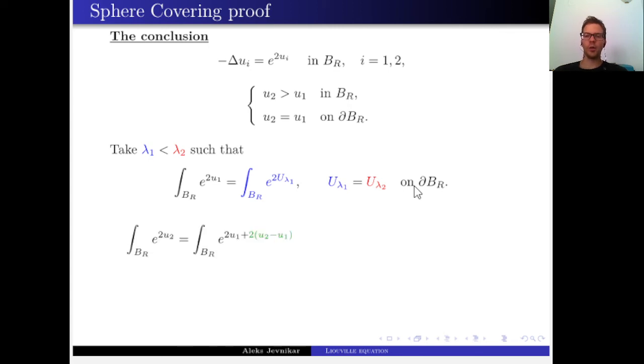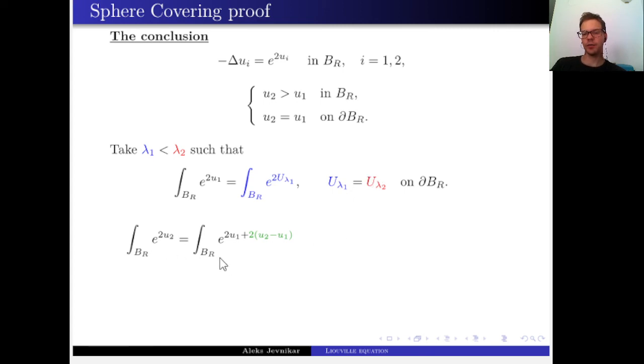So we are halfway to conclude. The smaller solution has the area of the smaller cap. So we just need to compare the total integral of the bigger solution, so we need to put in relation the area of the bigger solution with the area of the bigger cap.